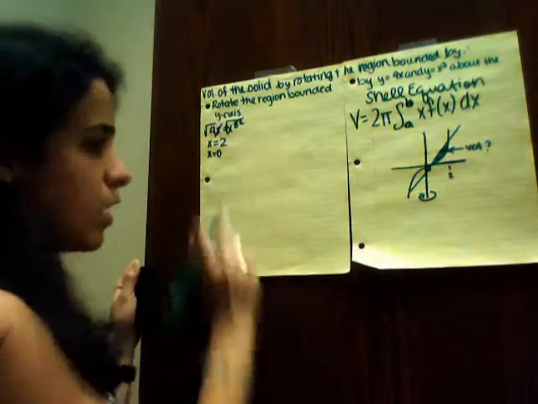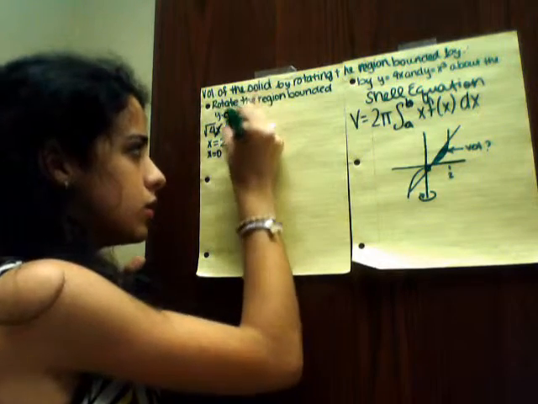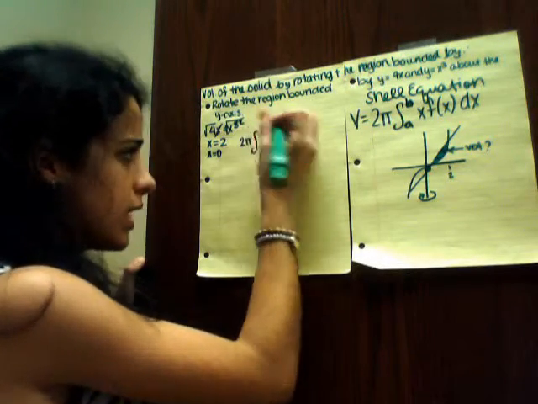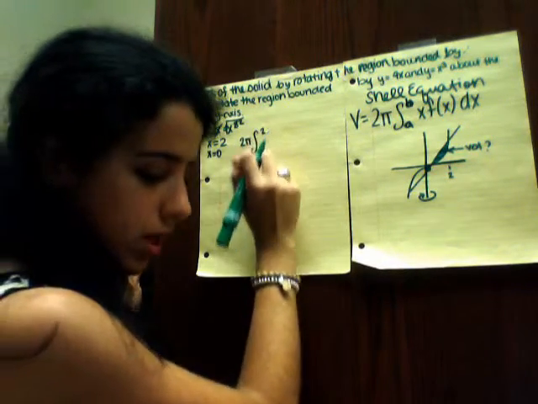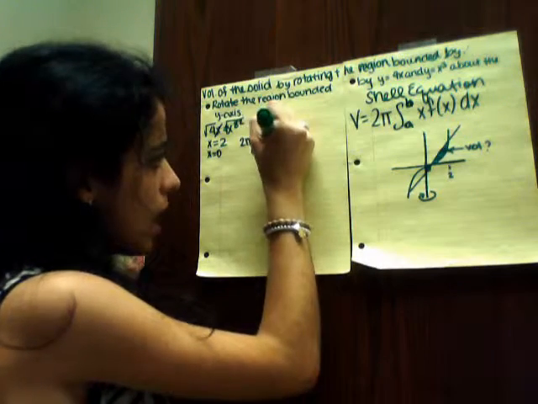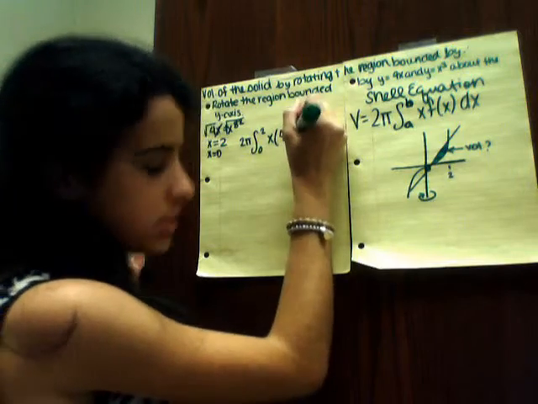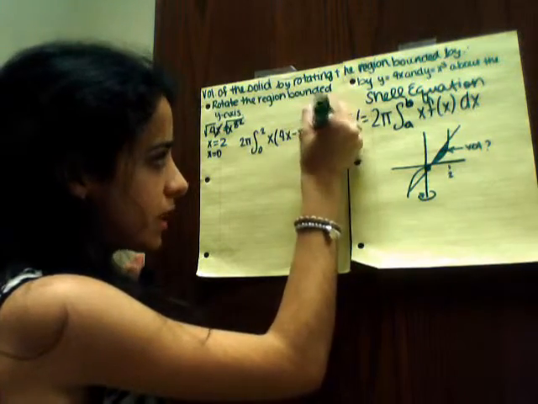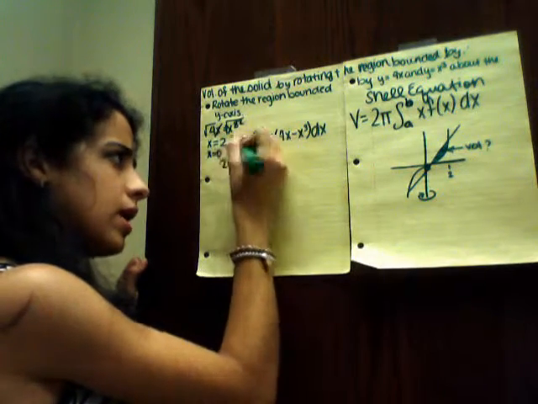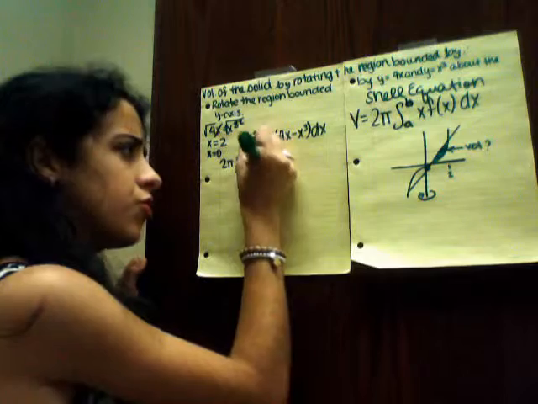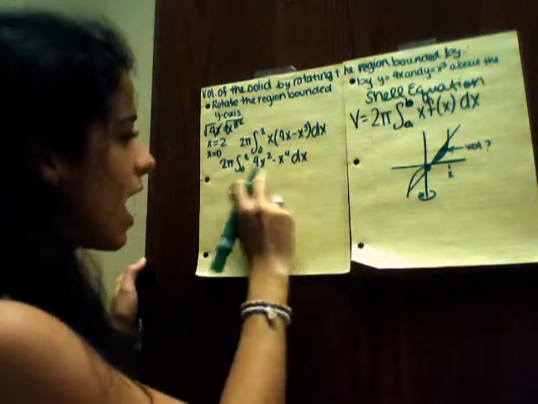Now we need to substitute into the equation, and we have 2 pi times the integral from 0 to 2 of x times (4x minus x cubed) dx. Multiplying out, that's 2 pi times the integral from 0 to 2 of 4x squared minus x to the 4th dx.